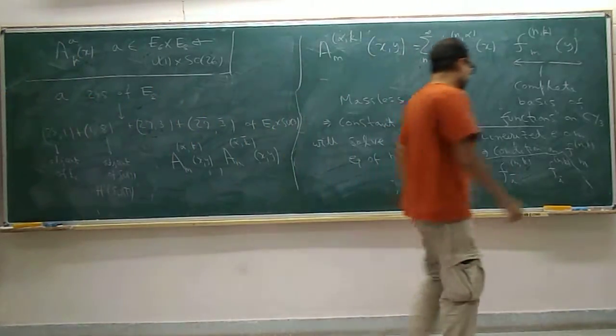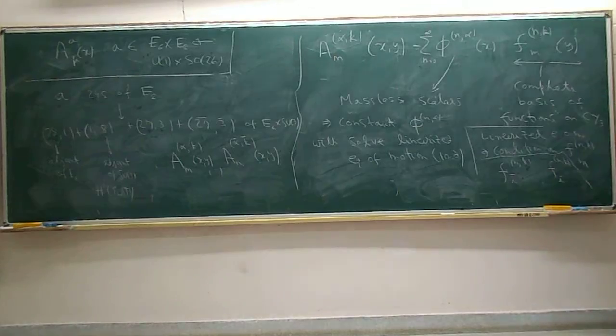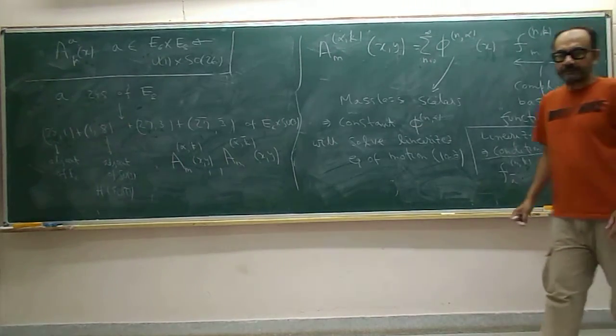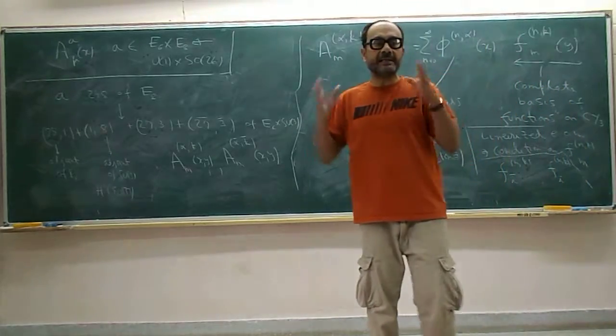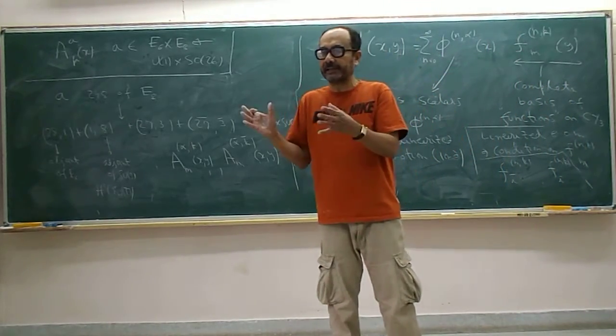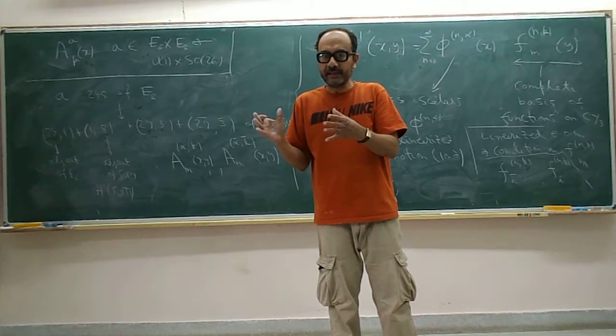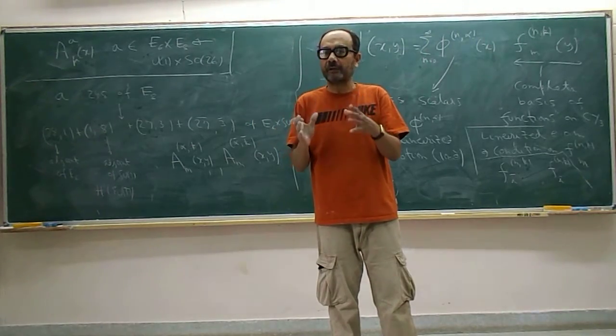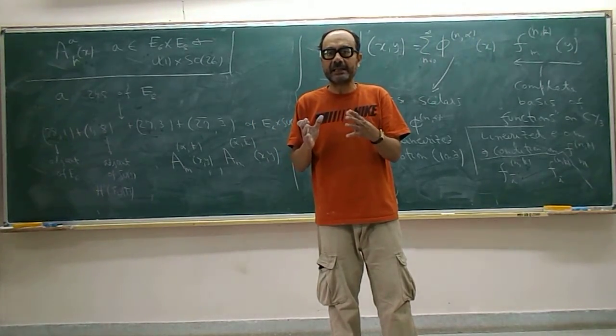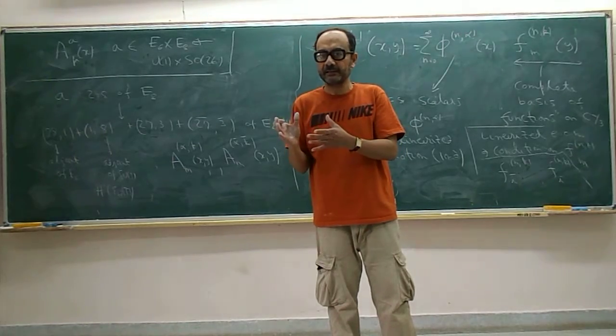Now this index k is an SU(3) index, a gauge index. But because we have set the background gauge field equal to the spin connection, instead of thinking of this as coupling to the background gauge field, we can pretend it's coupling to the background spin connection. Is that clear?